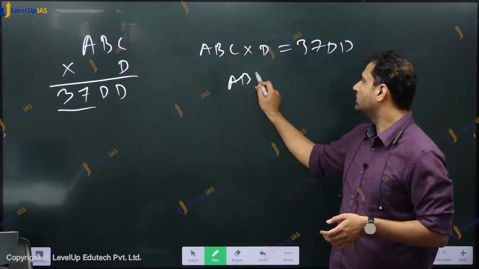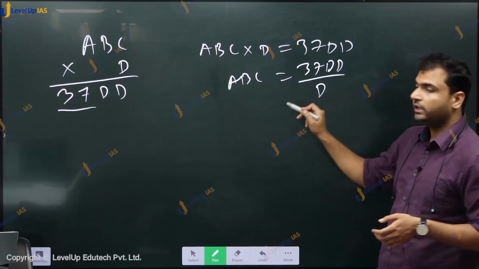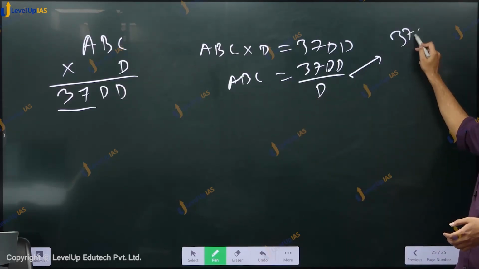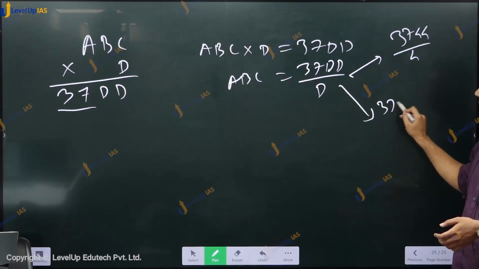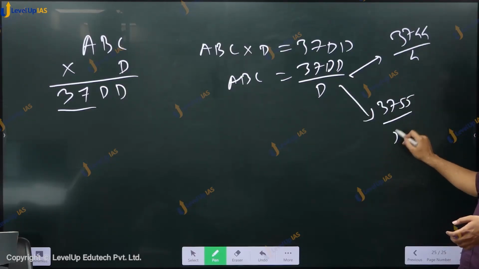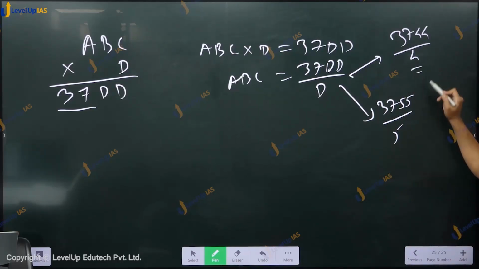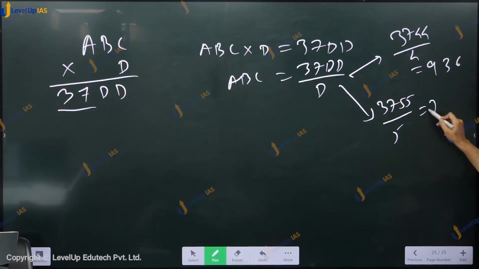So ABC is equal to 37DD divided by D. Now you put D as 4, you get 3744 by 4. You put D as 5, you get 3755 by 5. What is the answer here? You get 936, and here you get 751.